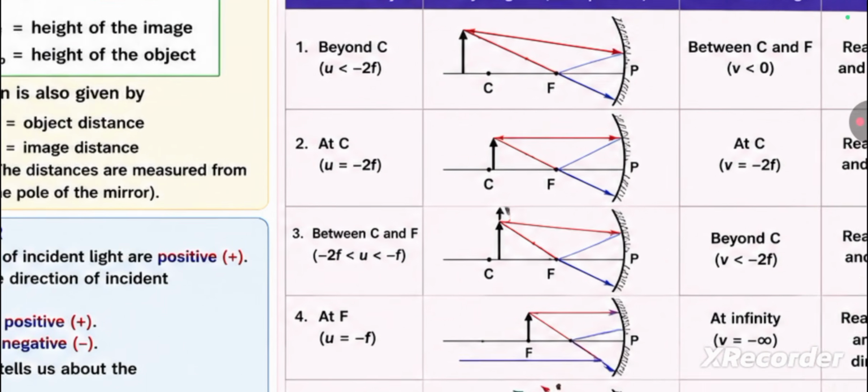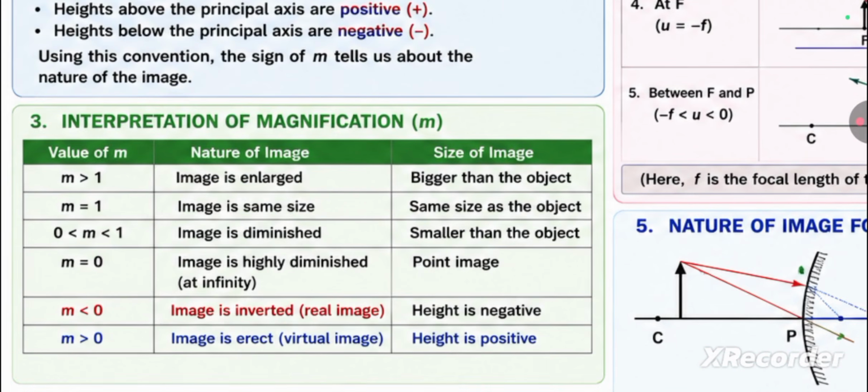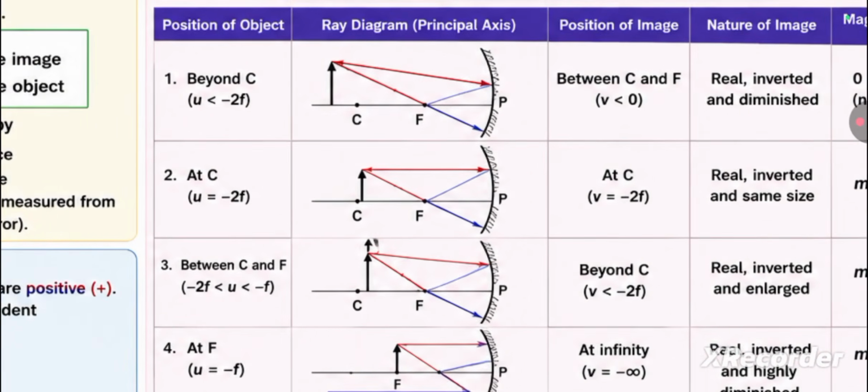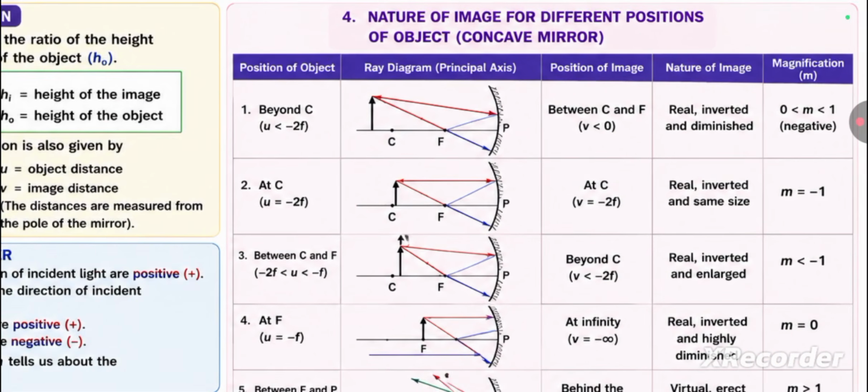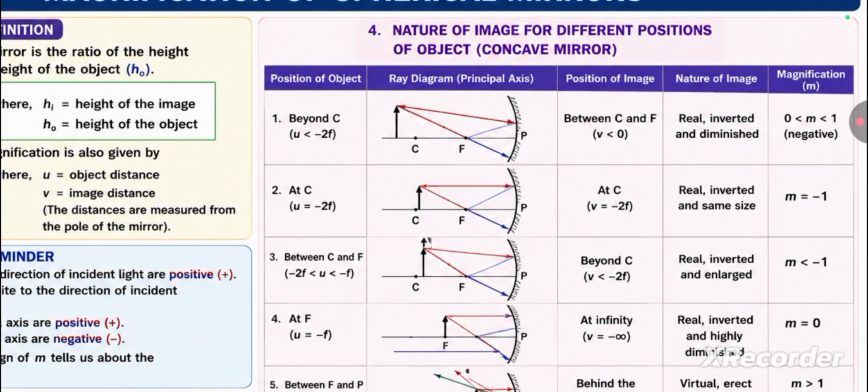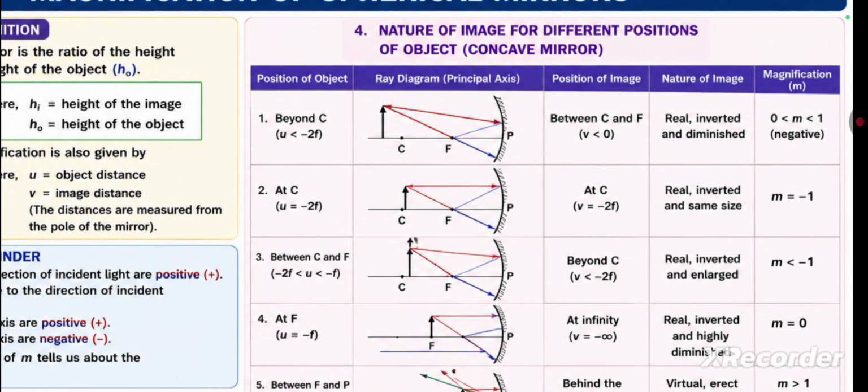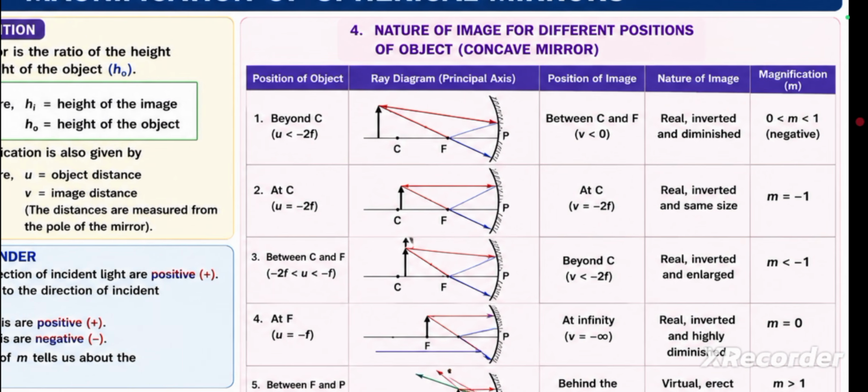We are discussing it in a table, as shown in the figure here. If the object is beyond C, then the image is between C and F, and its nature is real and inverted. Its magnification is between 0 and 1 and negative.